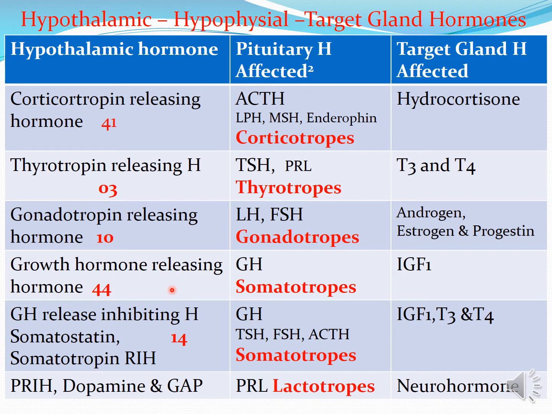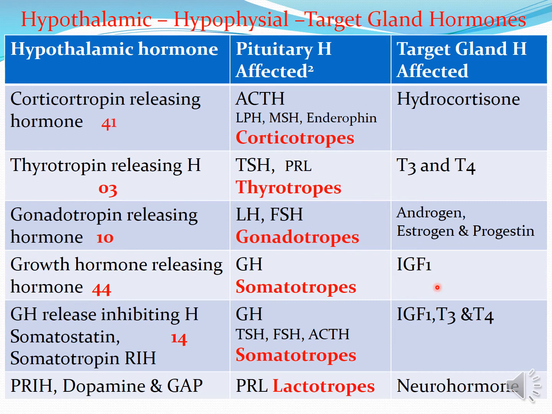Then growth hormone releasing hormone. Growth hormone releasing hormone, having 44 amino acids, stimulates somatotroph cells of the anterior pituitary to secrete growth hormone. The target gland hormone affected is IGF-1.